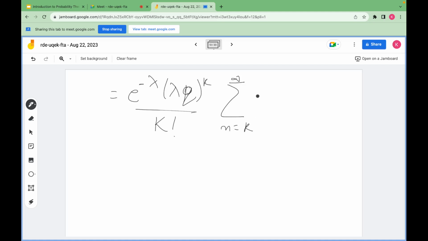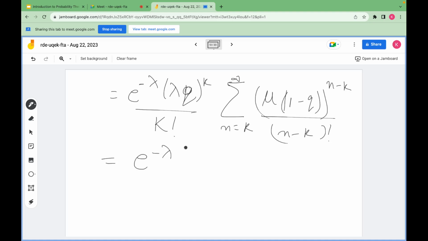And this will become the summation of lambda into 1 minus q to the power n minus k divided by n minus k factorial.